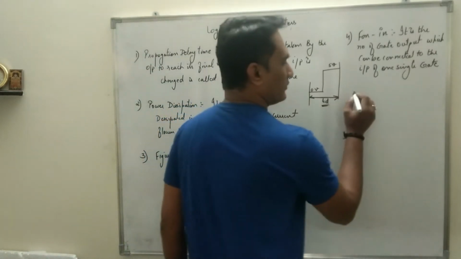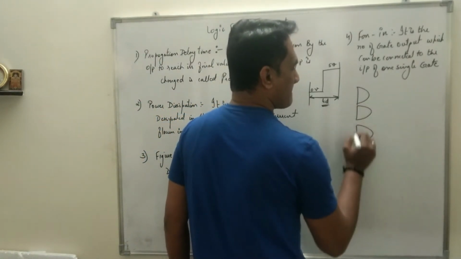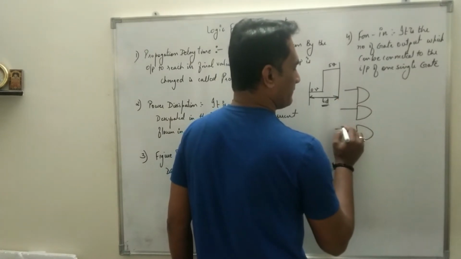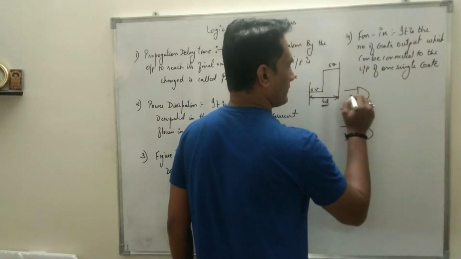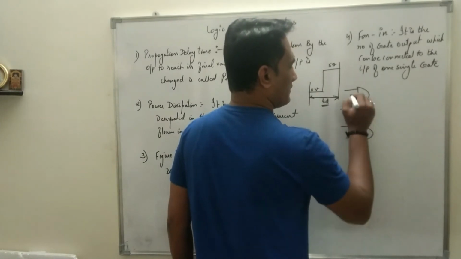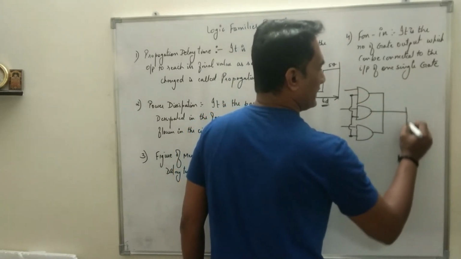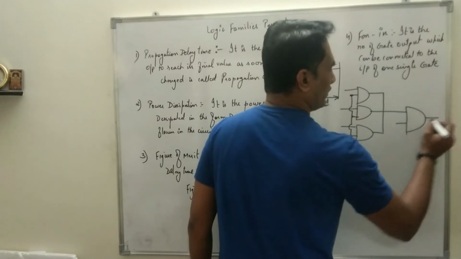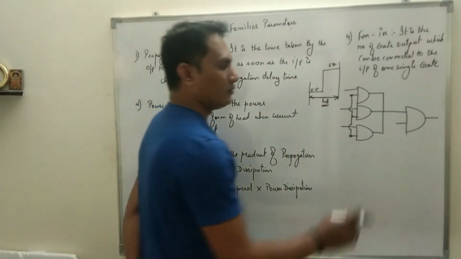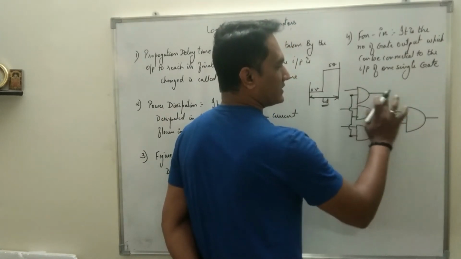I will give you an example. Suppose there are these 3 AND gates, 1, 2, 3. The outputs of these 3 gates are connected to the input of one single gate. Now let us say that all the outputs of these AND gates are 1, that means current is flowing.